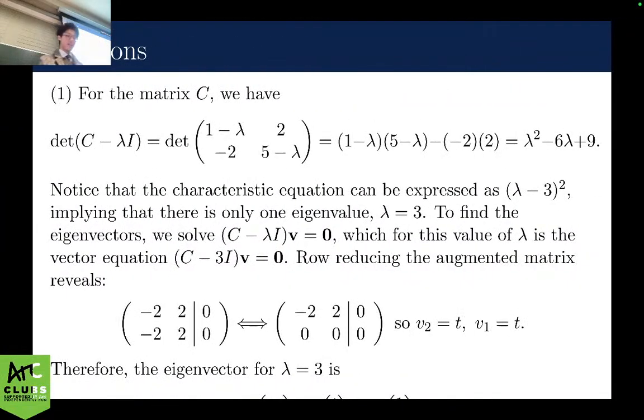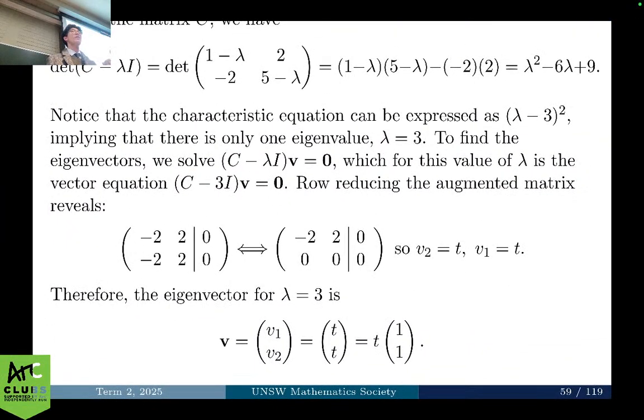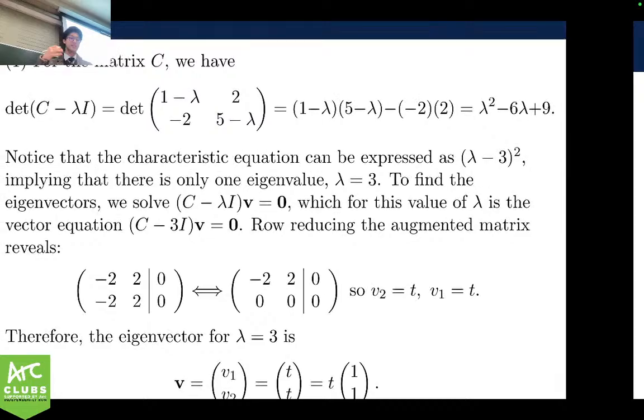As we saw earlier, we only have one eigenvector here, or technically 2, but they are not linearly independent. In the context of two vectors, they are only linearly independent if you can't express one as a scalar multiple of the other. And obviously, we can express t(1, 1) as a scalar multiple of t(1, 1). So this is clearly not linearly independent, which means C is not diagonalizable.